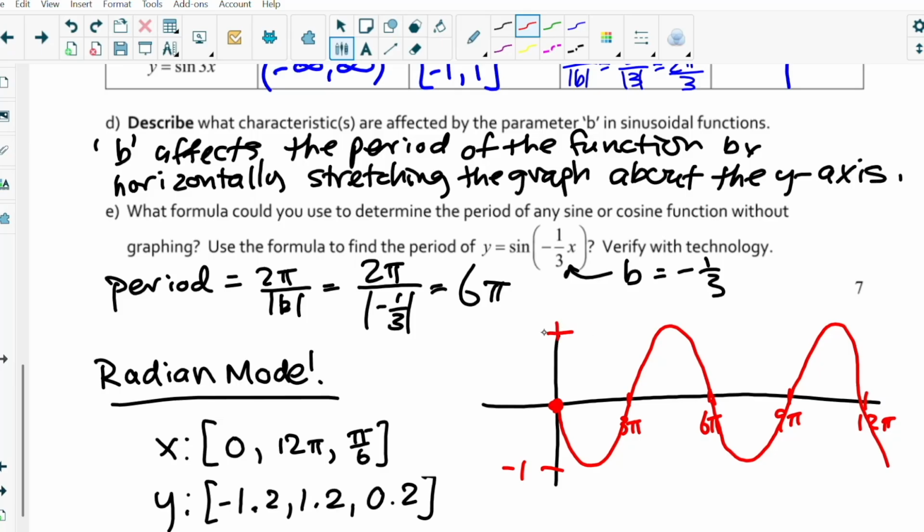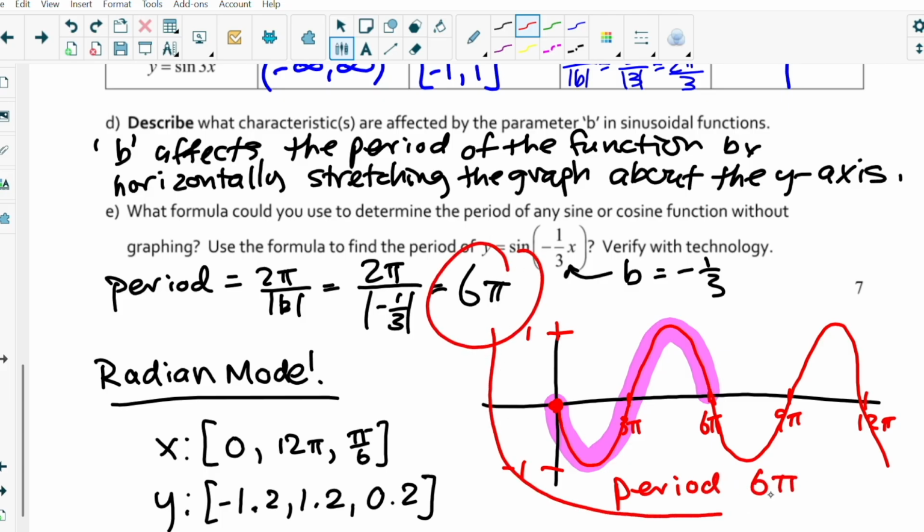This is -1, this is 1, and you can clearly see that our period is 6 pi graphically. But we determined that from our algebraic knowledge of how we modify the period.